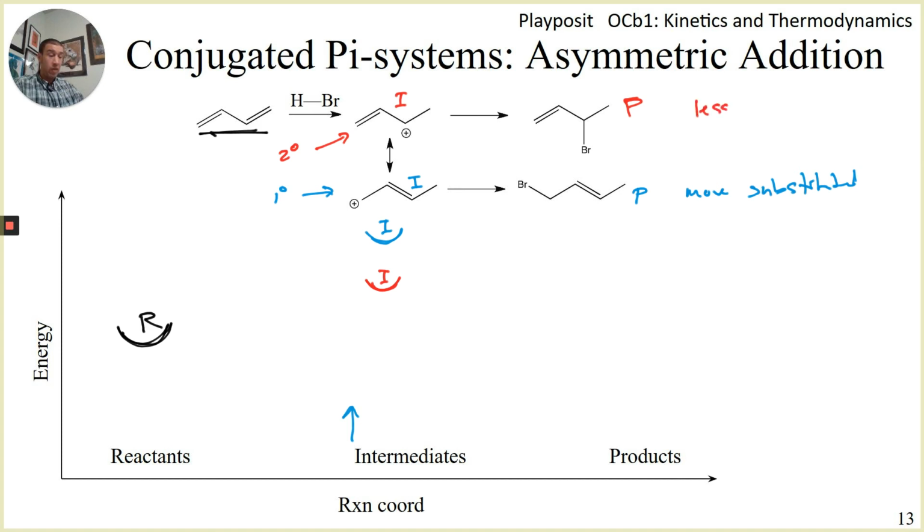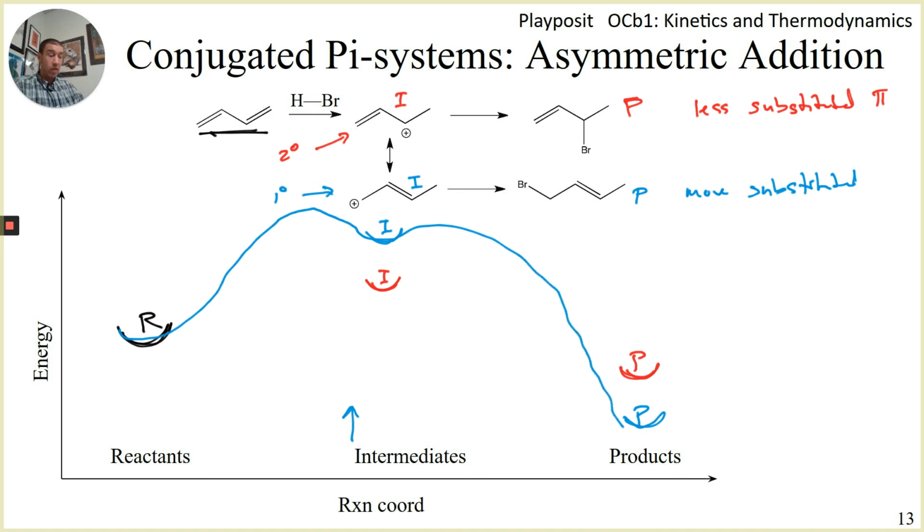The top one was a less substituted pi bond, which makes it higher in energy, still lower in energy than our reactants. Product and product. So now what do? We just kind of connect the dots. We can put in some rough activation barriers, and we've got our overall reaction kind of running out.